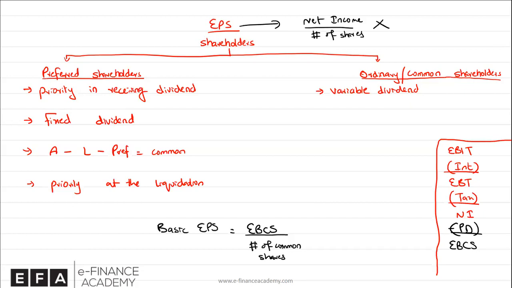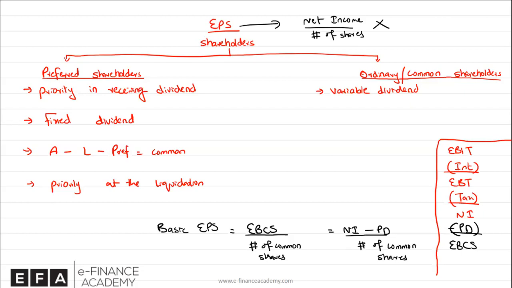You don't divide it by the total shares, which is preferred plus common. You only divide this by the number of common shares. Alternatively, we can rewrite this as EBCS, which can be calculated as net income minus PD. After subtracting the preferred dividend, the leftover profit, earnings belonging to common shareholders, is divided by the number of common or ordinary shares.